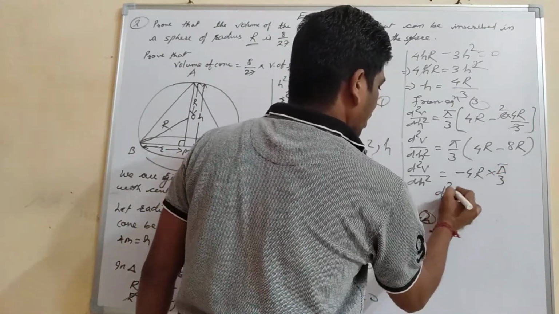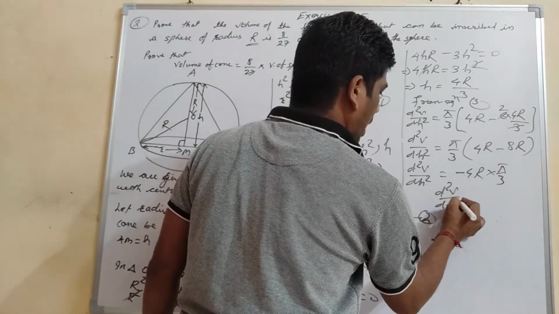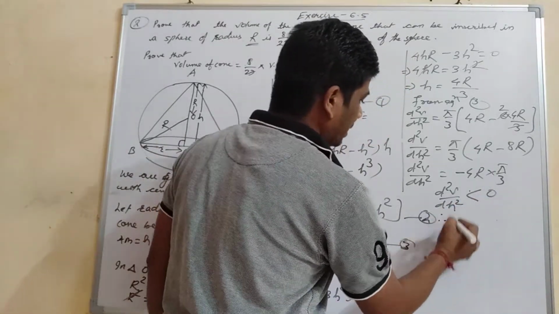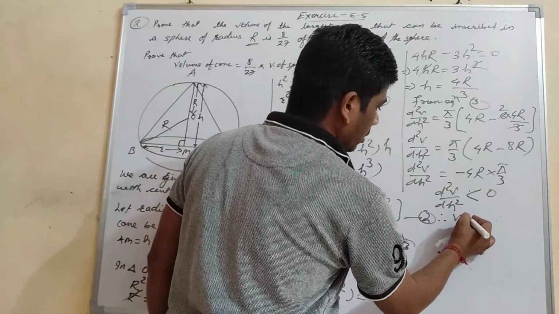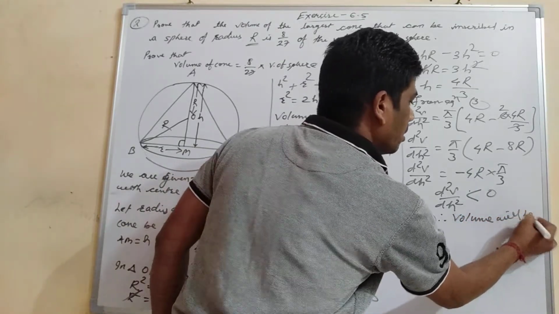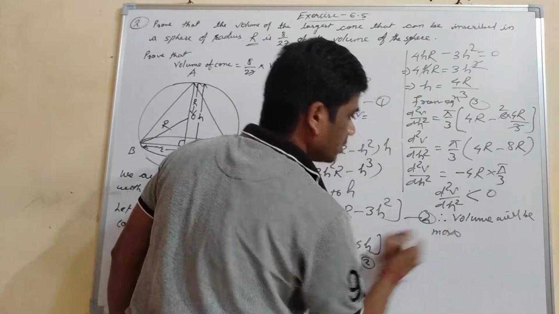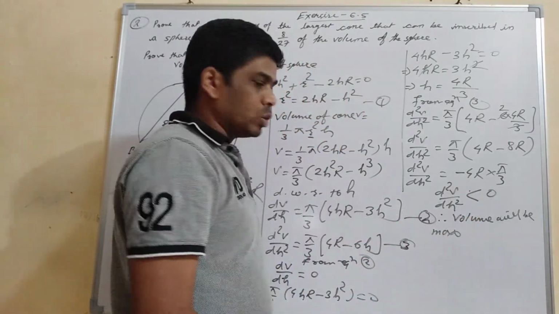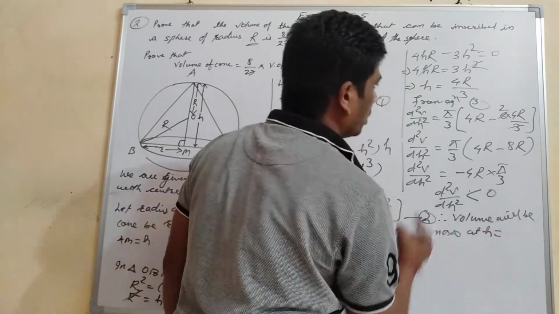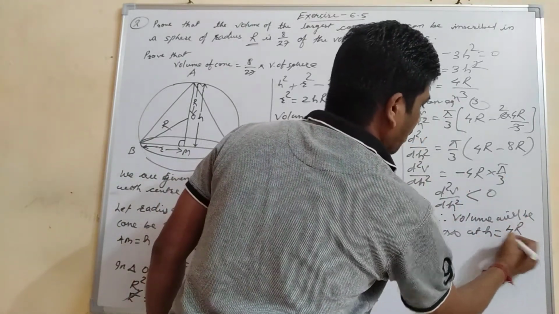So d square V upon dh square we got less than 0, which means we can write the volume will be maximum, because we got negative. So maximum at h is equal to 4R upon 3.